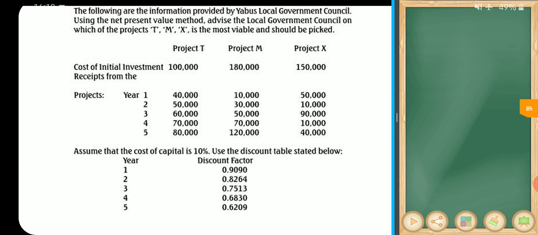So we have project T, project M, and project X. We have our cost of investment, which is 100, 180, 150 respectively. Then we have the cash inflow we're expecting from the project from year 1 to year 5 respectively also. Now they said assume that the cost of capital is 10% using the discount table below. In this question, they've given us the discounted value.